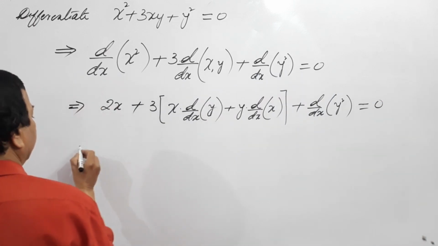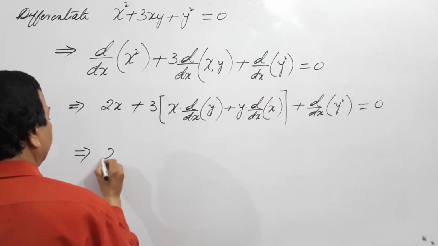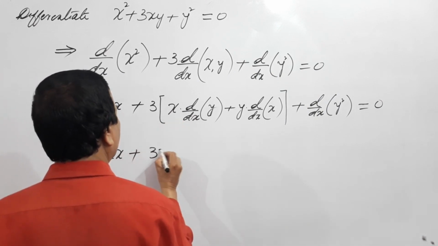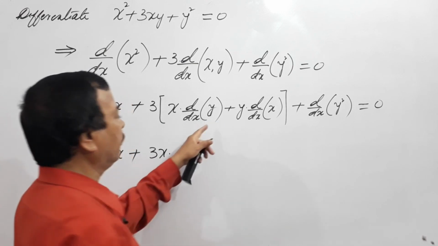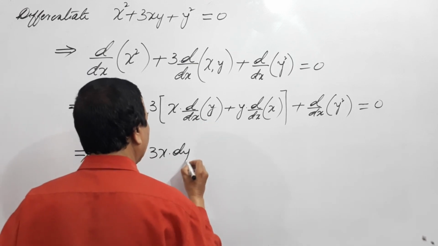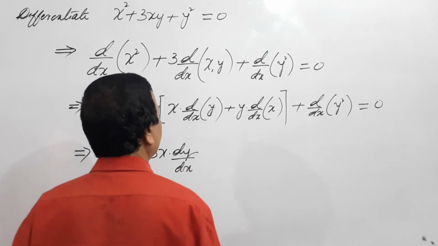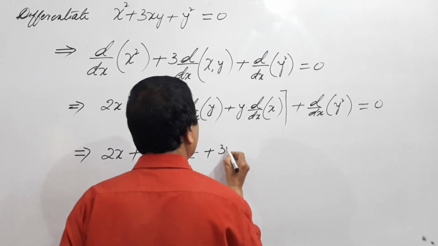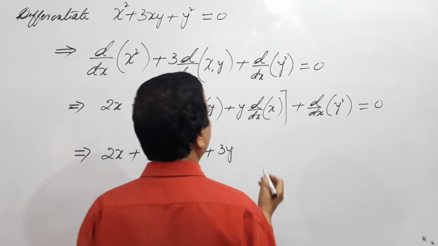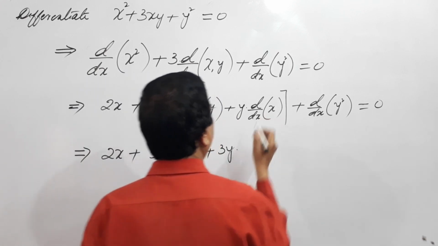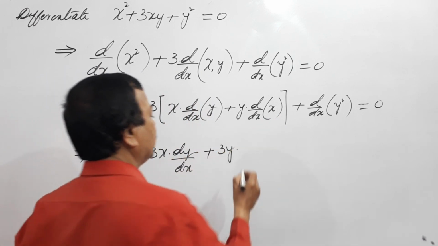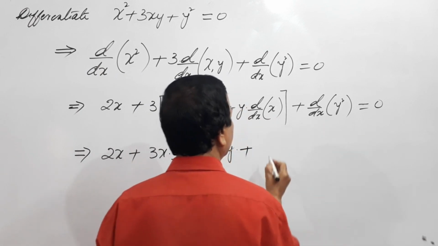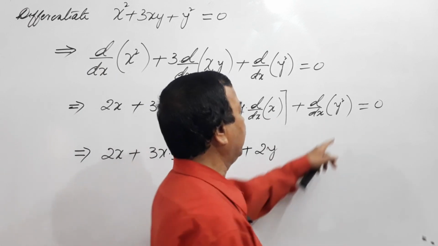So I have already differentiated this. This will be 2x plus 3 into x, d by dx of y is dy by dx, plus we have 3 into y, this is 3y into d by dx of x is 1, and let me not write that, plus this becomes d by dx of y square.